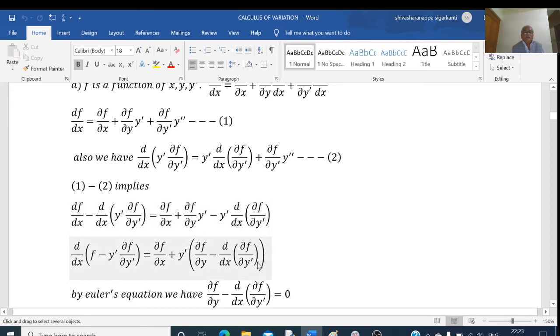But here we have Euler's equation. From Euler's equation I can write this value is equal to 0, so therefore this term becomes 0. I am getting d/dx of (f minus y' into ∂f/∂y') is equal to ∂f/∂x.